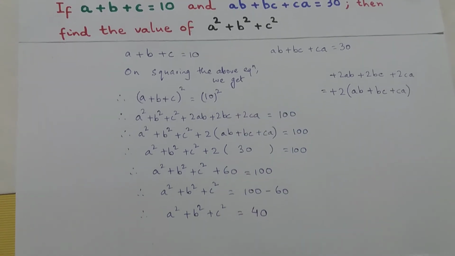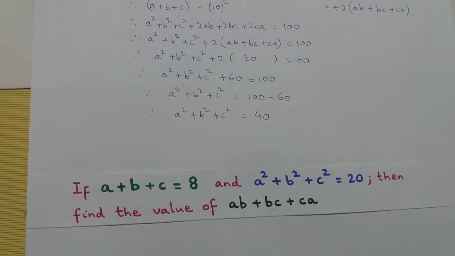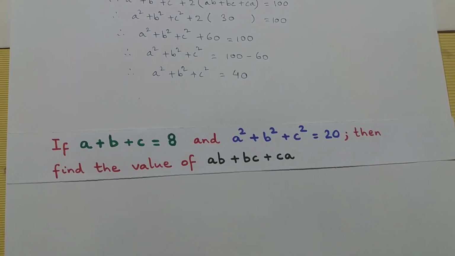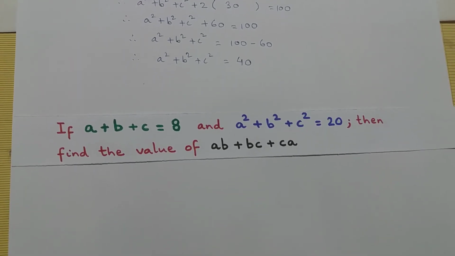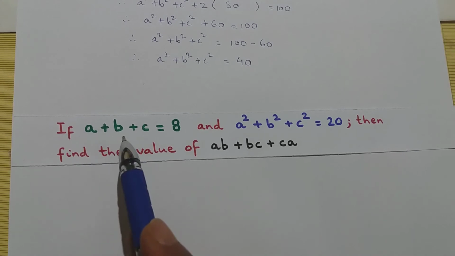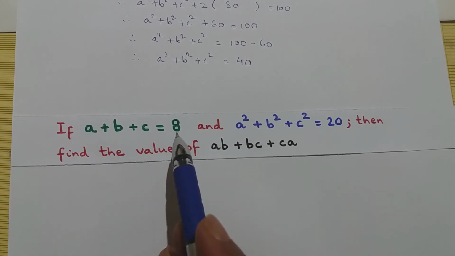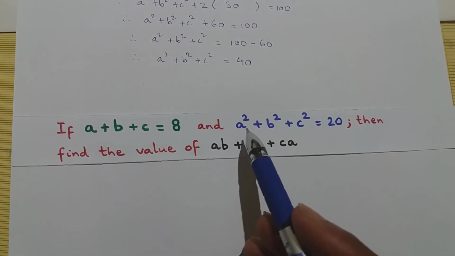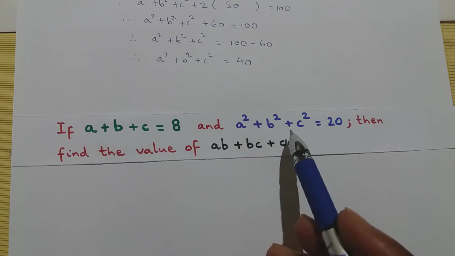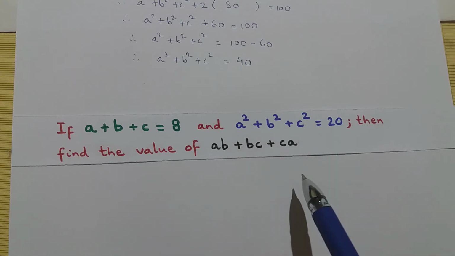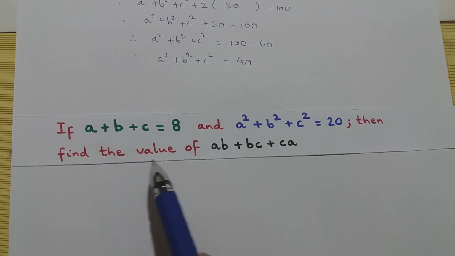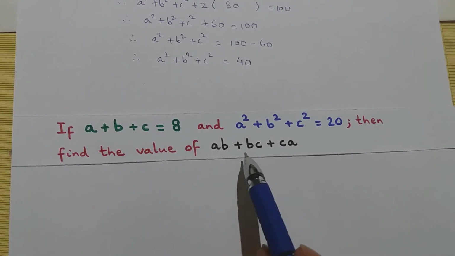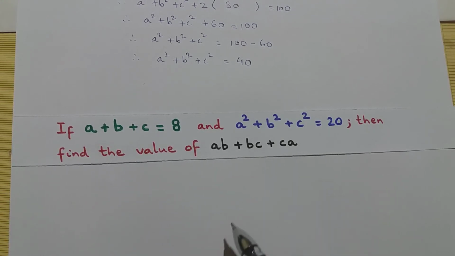Now let us do another question. So here the question is, if a plus b plus c is equal to 8 and a square plus b square plus c square is equal to 20, then find the value of ab plus bc plus ca.